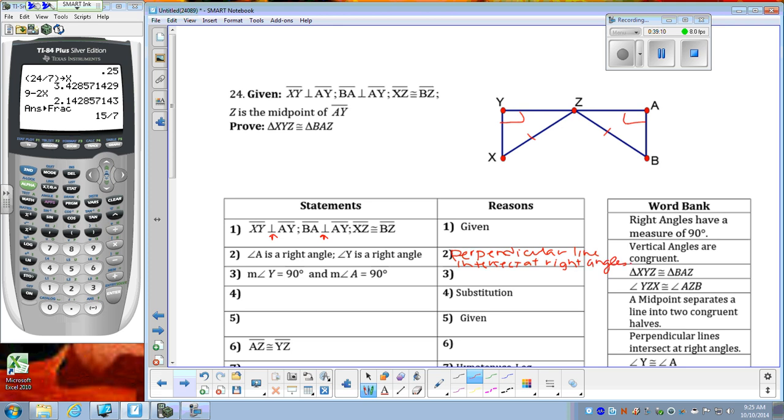And then statement 3 says that measure of angle Y is 90 degrees and measure of angle A is 90. From statement 2, since I know angle A and angle Y are both right angles, then I know that since the right angle is 90 degrees, this is that right angles have a measure of 90 degrees.